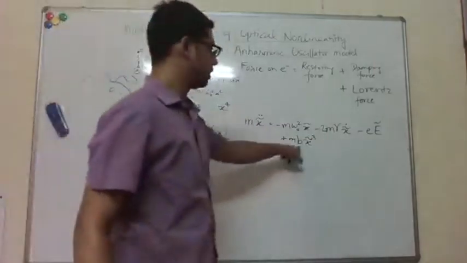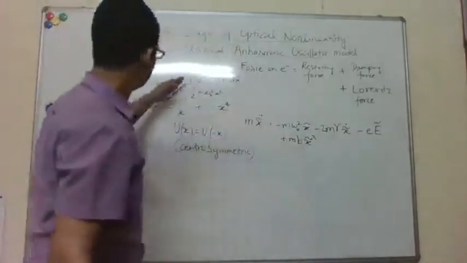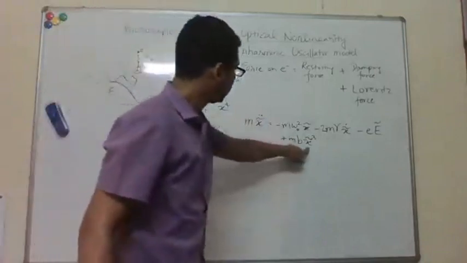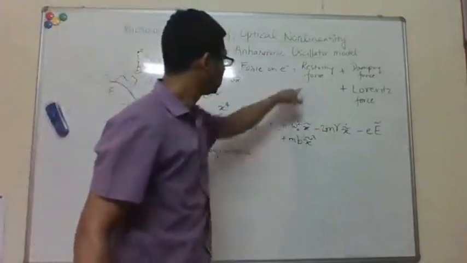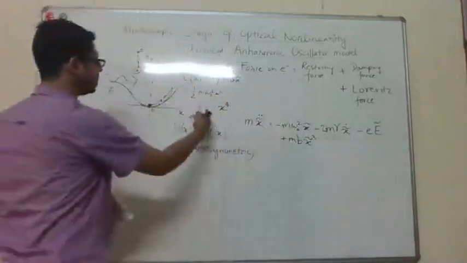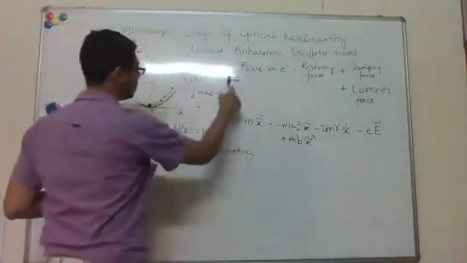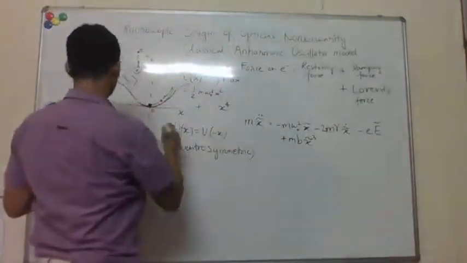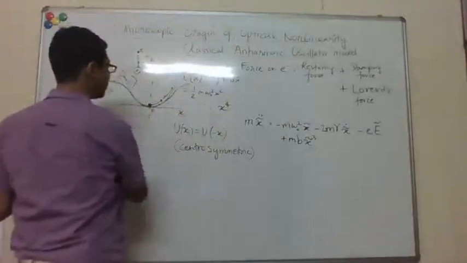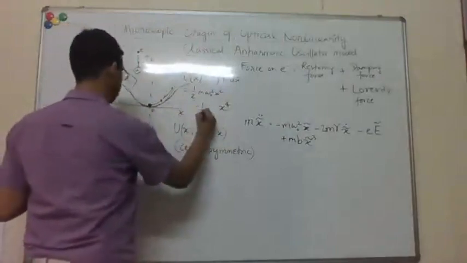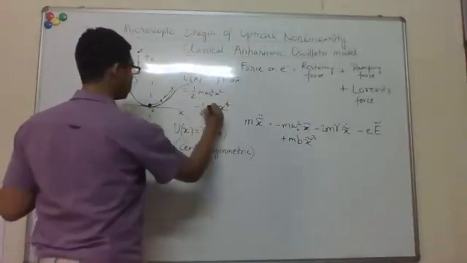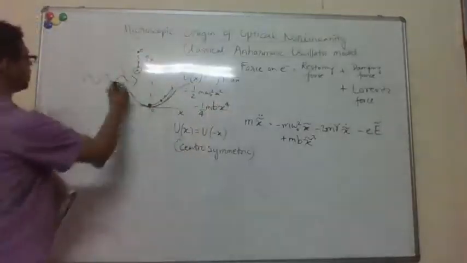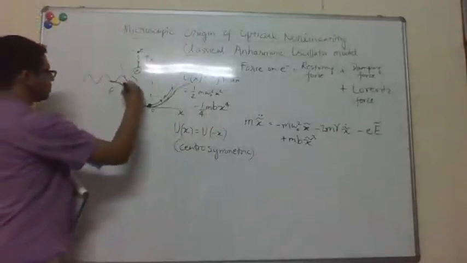Right, so B is some constant which gives sort of how nonlinear this potential becomes, right? So if I add this nonlinear term to the restoring force, then the potential from here you can see will have x to the 4, right? So the potential here looks like, right, it will look something like this.